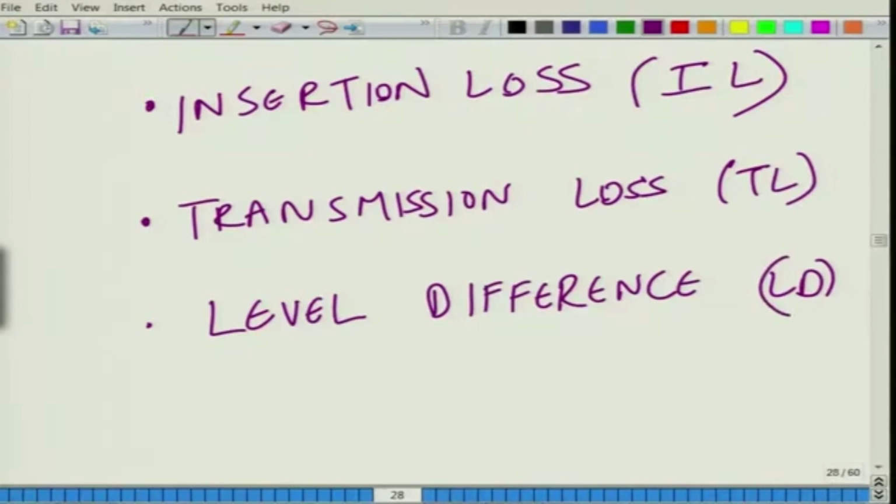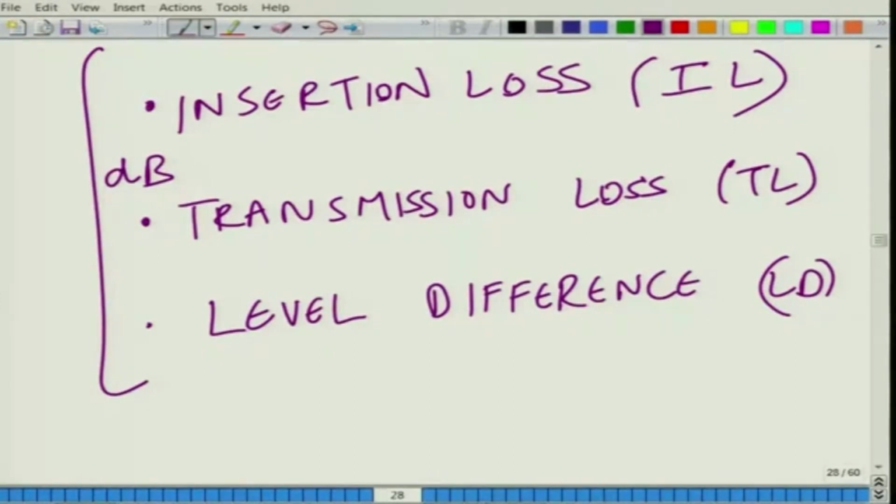All of them are measured in dB, decibel. So, insertion loss, transmission loss, IL, TL and LD. We are going to study what is meant by these 3 parameters, that is to say, how to evaluate the muffler performance based on these 3 parameters.